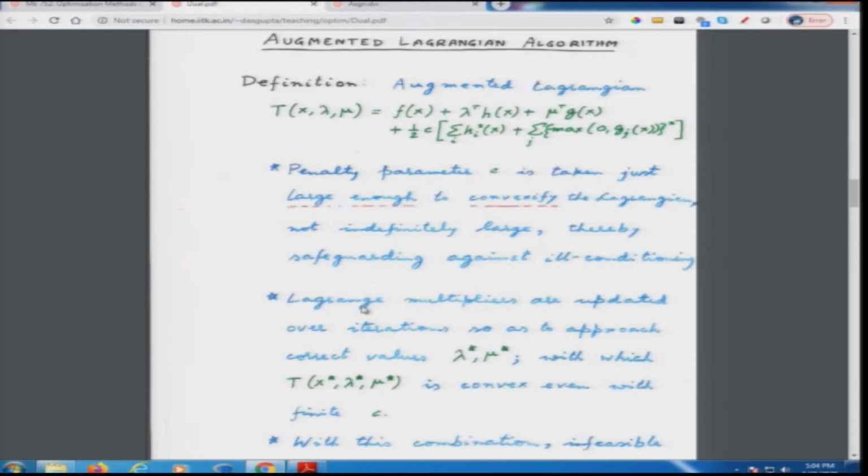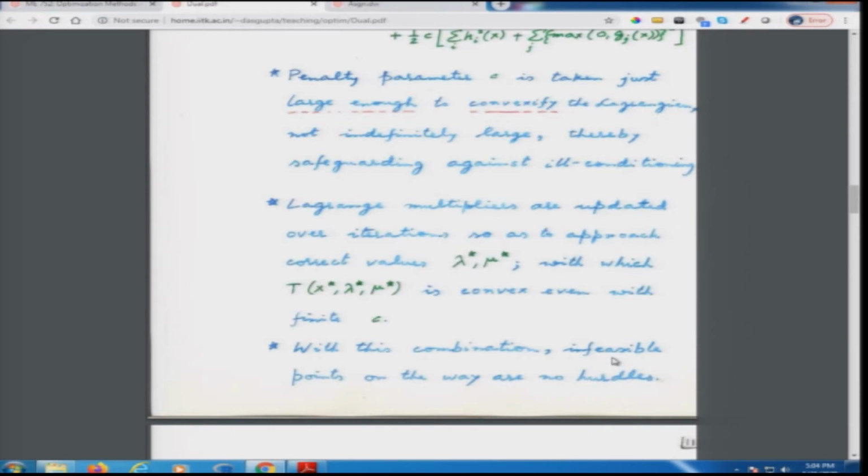That is, the update of the Lagrange multiplier is the key step in every iteration, such that slowly we approach the correct values lambda star, mu star, with which this will be convex not only in the tangent subspace, but in all directions with a finite penalty parameter value C. So, with this combination, one great advantage of the augmented Lagrangian method over many other competing methods is that infeasible parts of the domain are absolutely no problem.